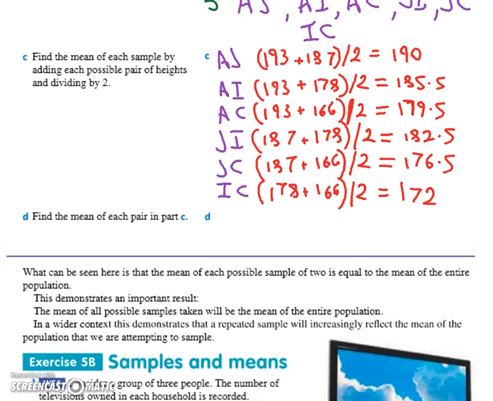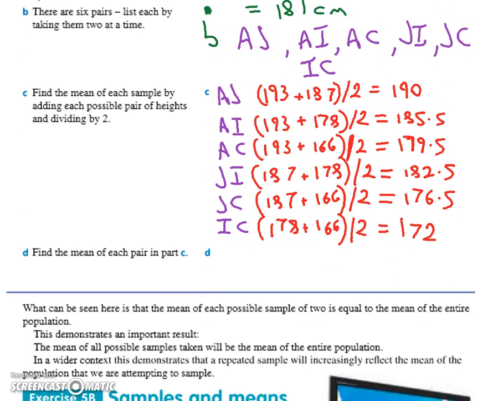Kirby, you done the last part? Find the mean of each pair in part C. Yes. Add them all together and divide it by 6.